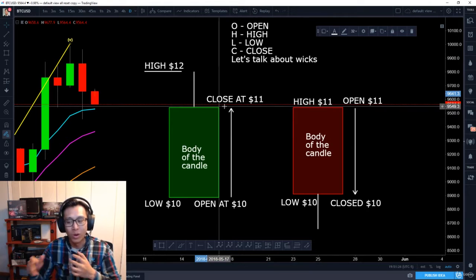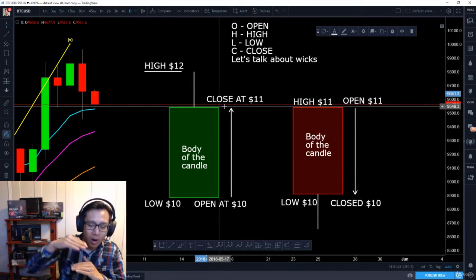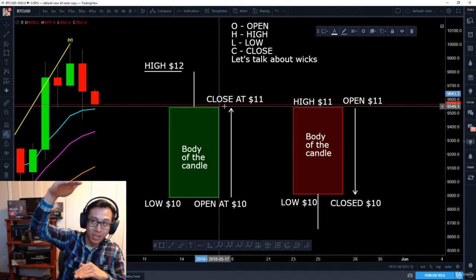Now you might wonder what would cause a wick? So the body of the candle is only the solid part of the candle where people will start buying, and if it closes with a body only, that's where it officially closed and people stopped buying at that candle.